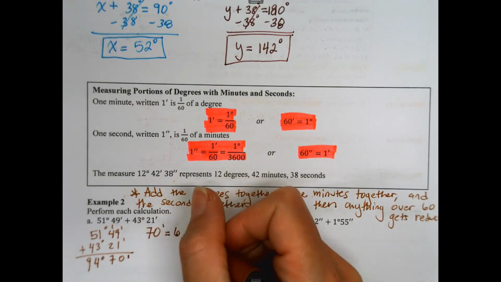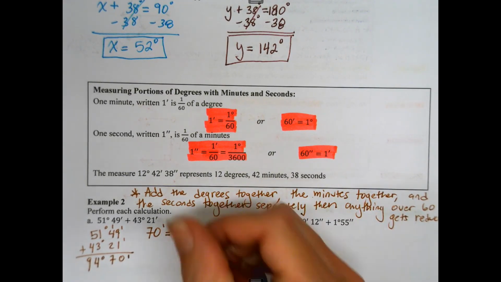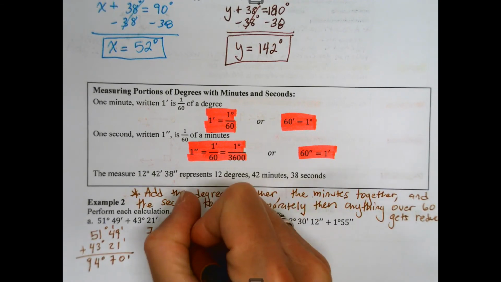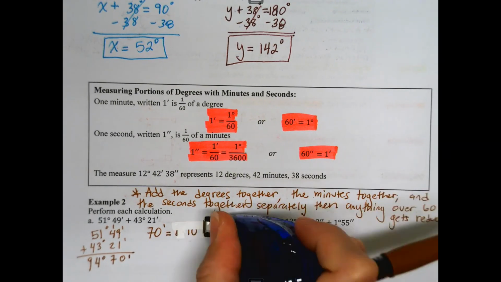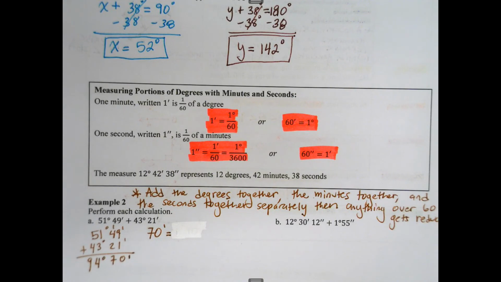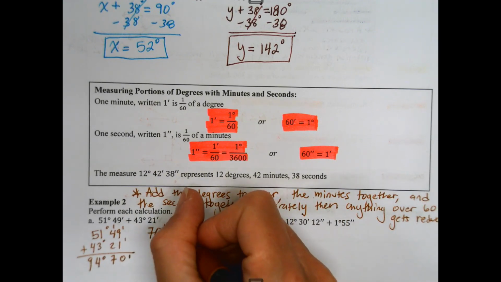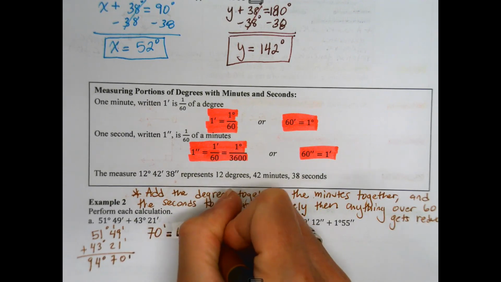Since 1 degree is 60 minutes, 70 minutes is equal to 60 minutes plus 10 minutes.